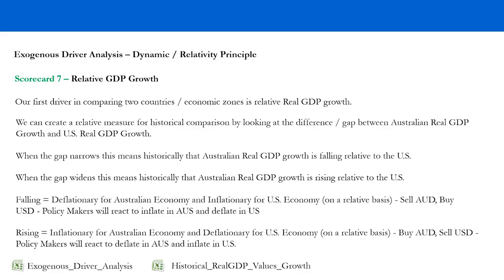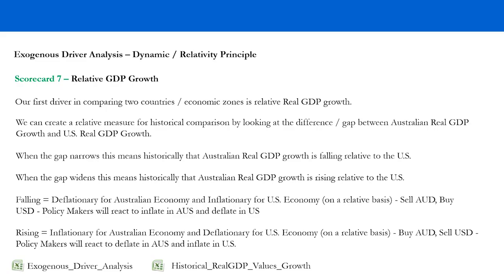So if it's falling, then this is relatively deflationary for the Australian economy and relatively inflationary for the US economy. So our bias is to sell the Aussie dollar and buy the US dollar because policymakers will react to inflate in Australia and deflate in the United States on a relative basis.